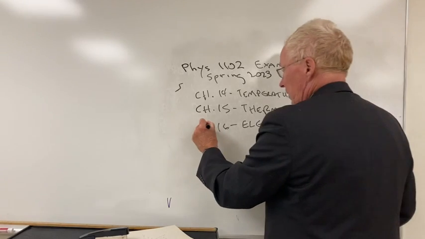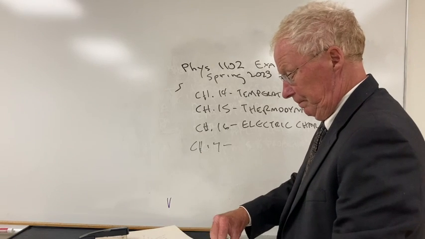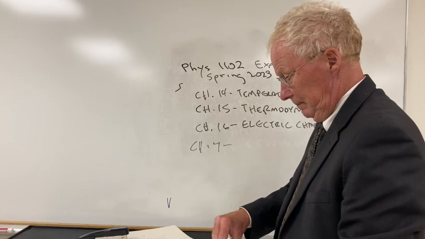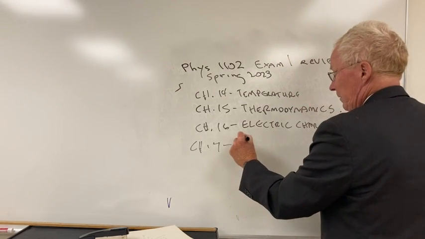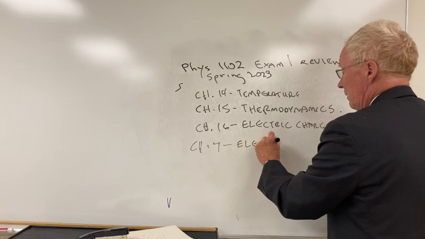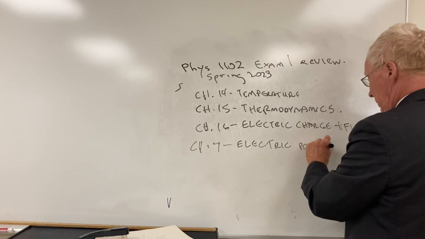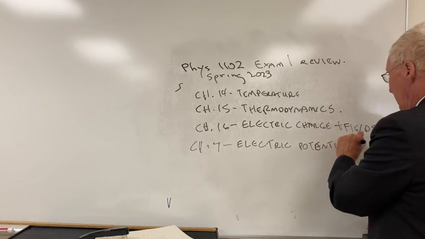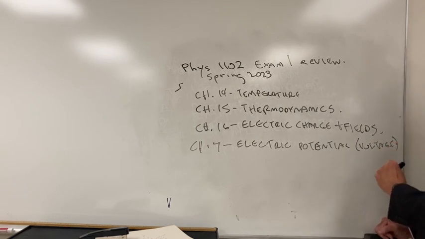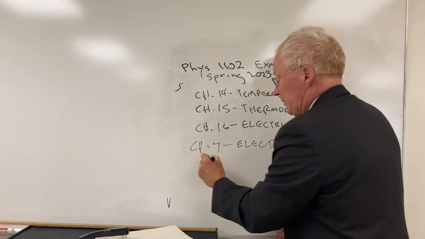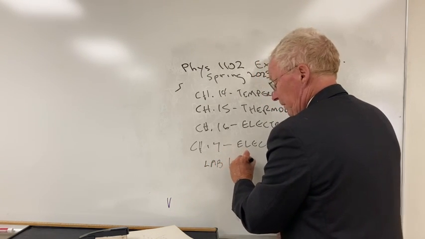And chapter 17. This is on electric potential and voltage. Voltage is about the best way to put it. And lab 1 on vaporization.